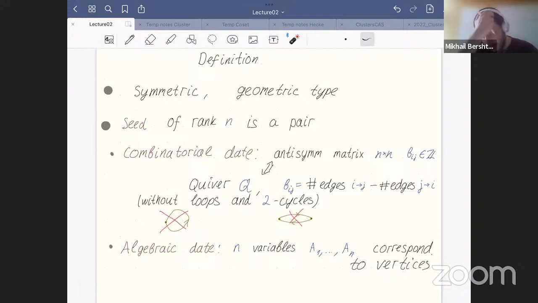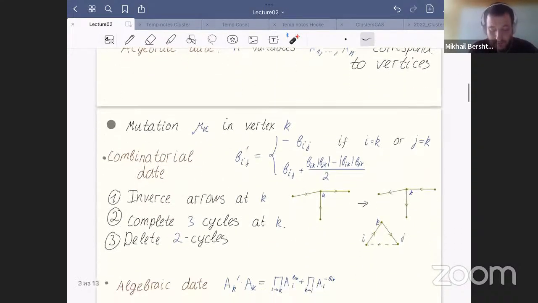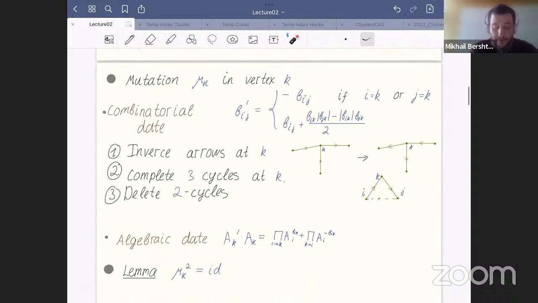Okay, this is a seed. And the next definition is the definition of mutation. Mutation can be performed at a vertex of the quiver, so any number from 1 to n. So mutation mu_k at vertex k performs some transformation of the combinatorial data and also some transformation of the algebraic data.